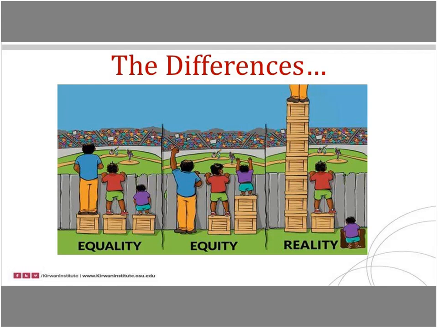This notion is referred to as proportionate universalism or targeted universalism, and in my opinion, it is one of the most important components that we often leave out when we're doing this work.